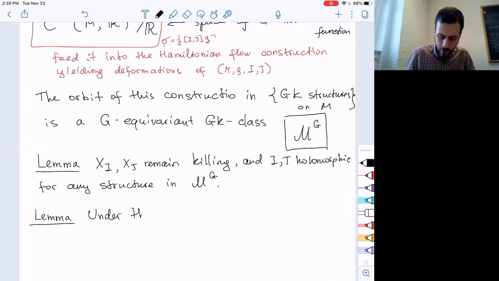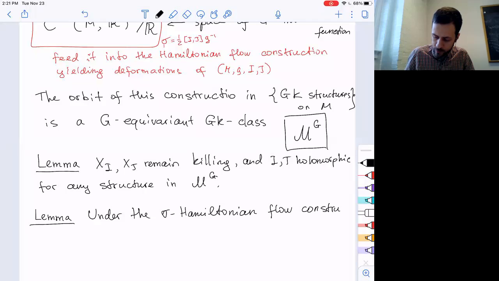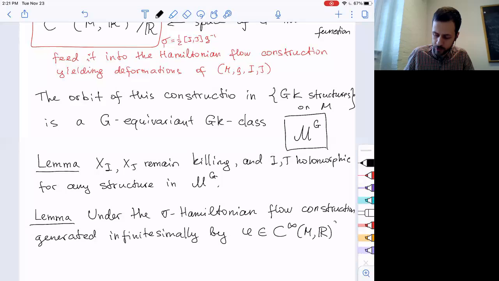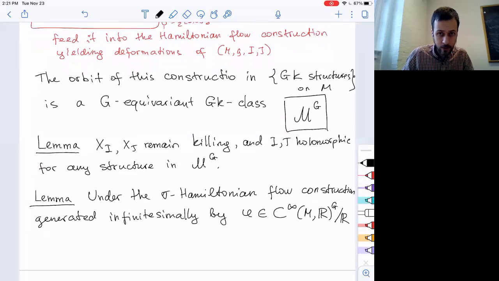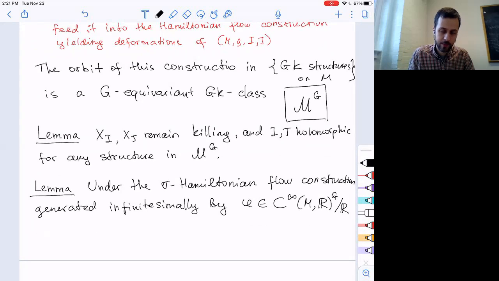Under the sigma Hamiltonian flow construction, generated infinitesimally by phi in the space of G invariant smooth functions modulo constants, we have the following variation formulas for the Hamiltonian potential psi and for these global volume forms.